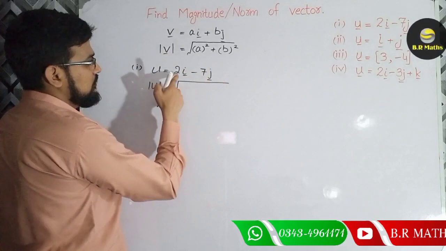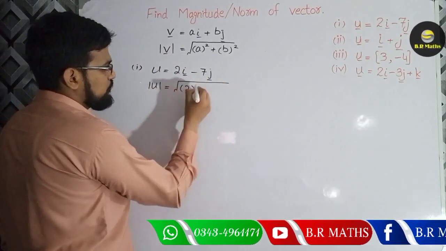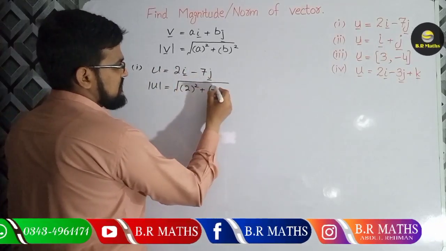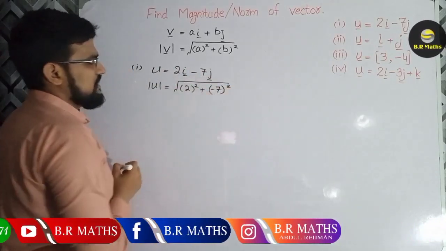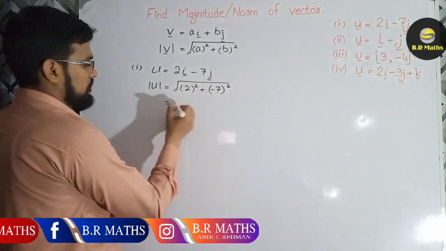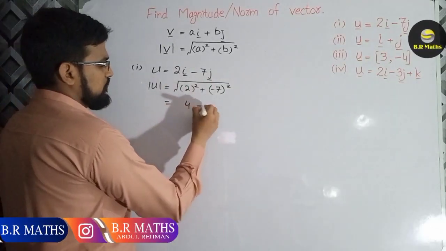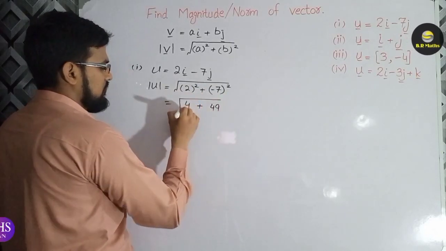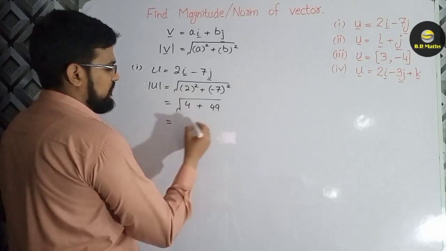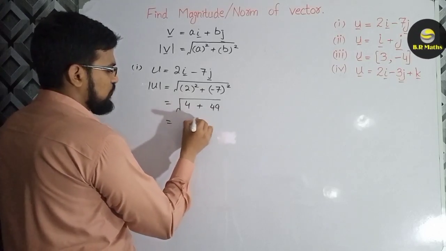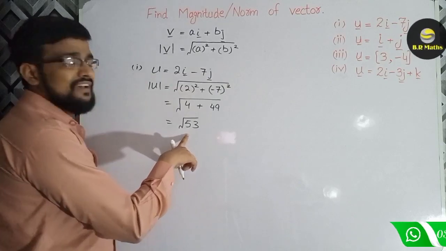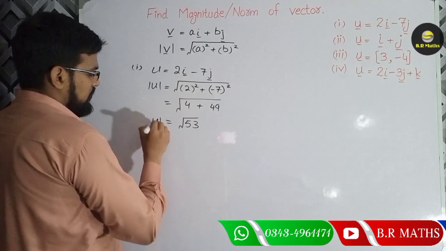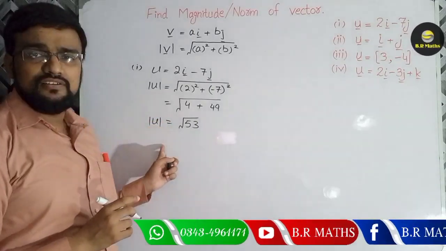The square of 2, plus the j component, which is 7, so take the square of 7. The square of 2 is 4, plus 7 squared is 49. 4 plus 49 is 53. Square root of 53, and 53 is not a perfect square, so the magnitude of the vector is this.